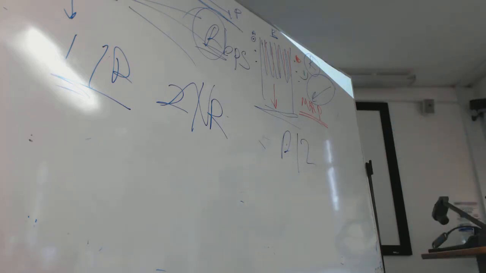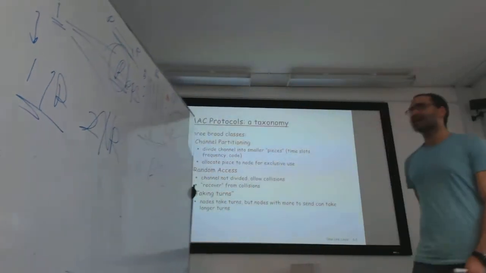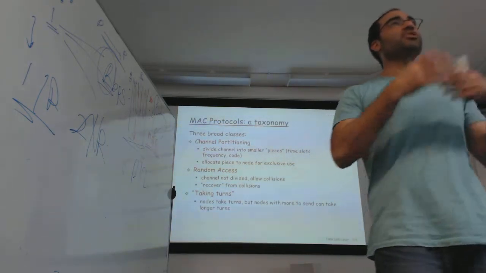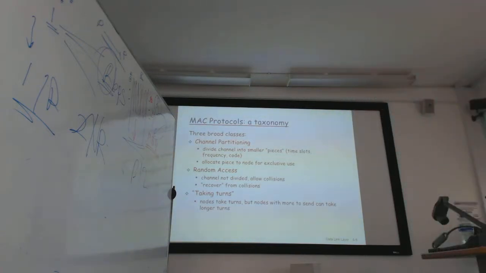A second type of those, random access. From the name, you give random access to users. Again, you have that collision, but you might have some sort of detection of collision, a recovery from it. A random access channel is not divided at all and allows collisions.